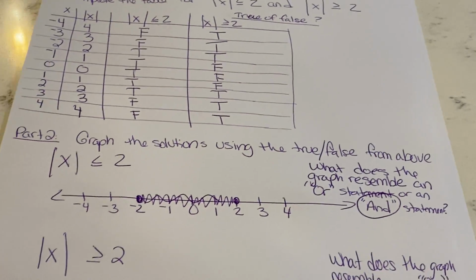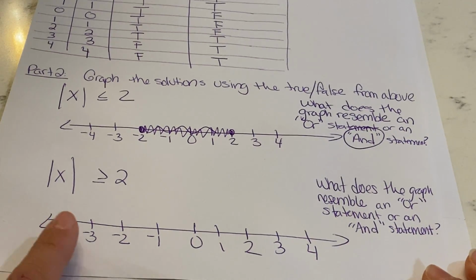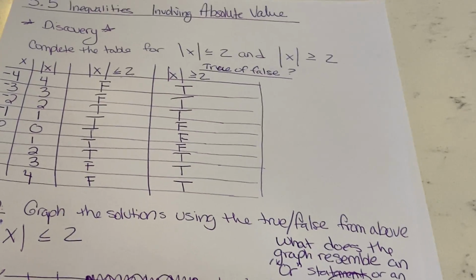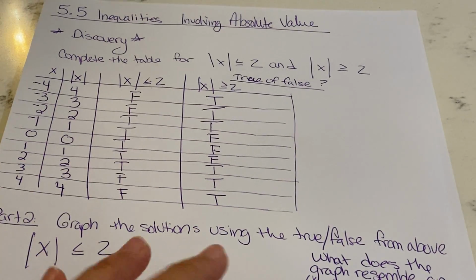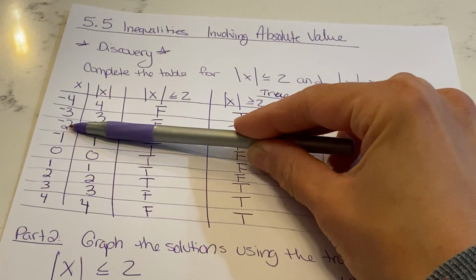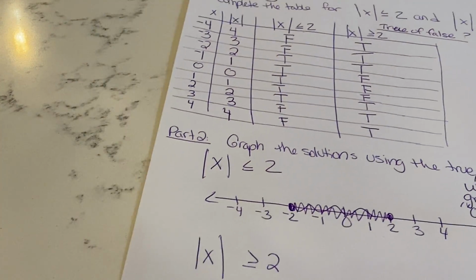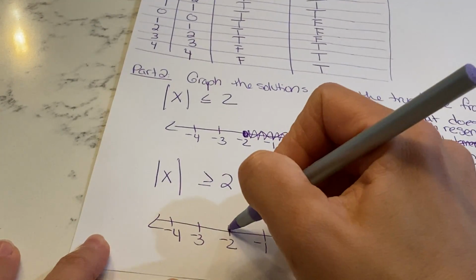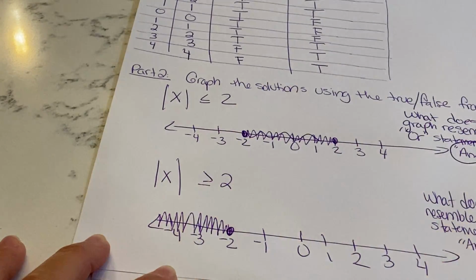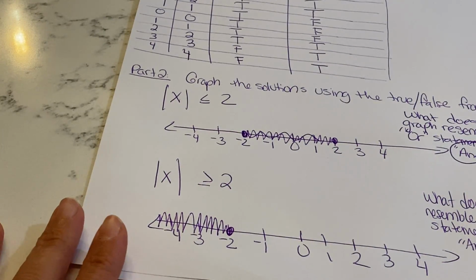Okay, so let's do now this graph. Again, where am I gonna grab my information? From this table. So let's look at where it is true. It's true from -2, -3, and -4. So on my graph at -2, it is true from -3 and -4. Now let's do this one.